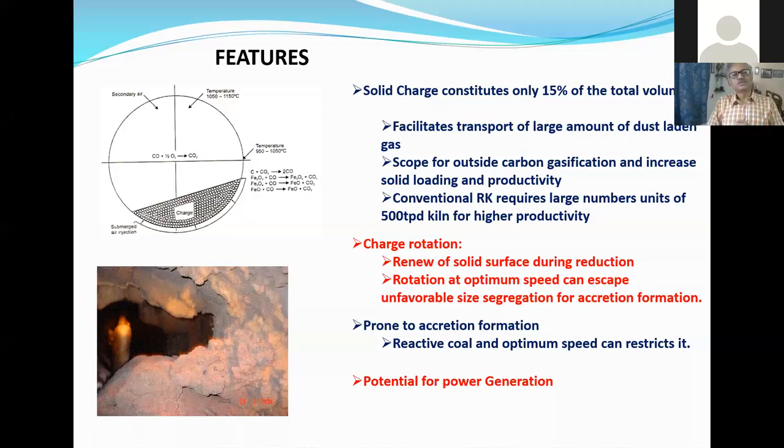Any other reactor, like a shaft furnace, cannot deal with this situation. So this is a typical thing. That's why the productivity, you can understand, is only 15% of the total capacity.